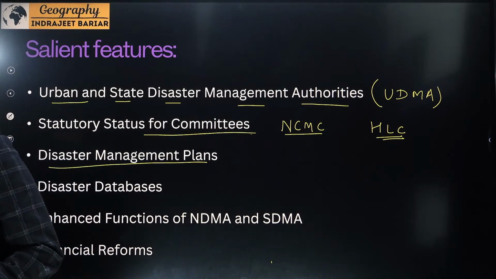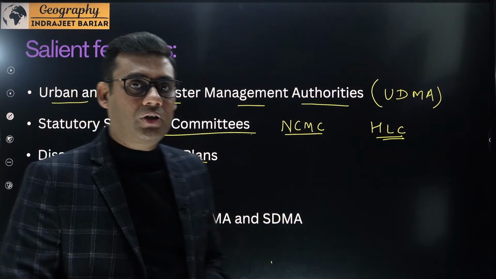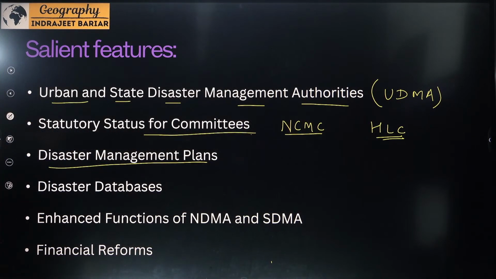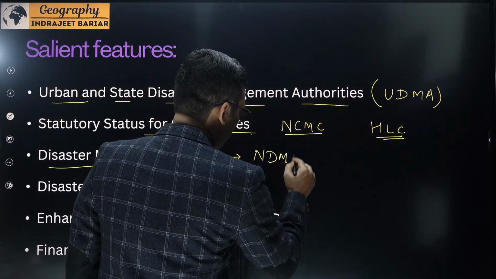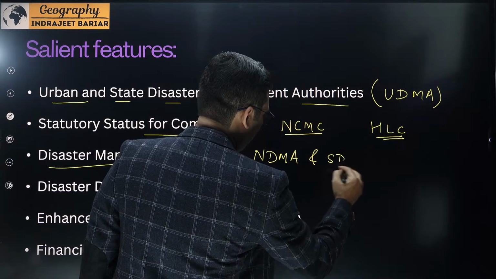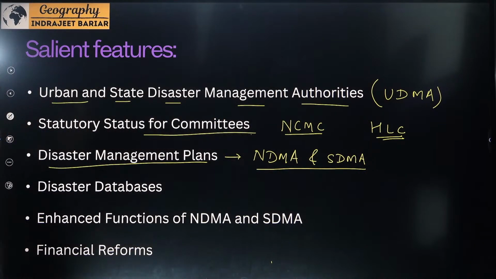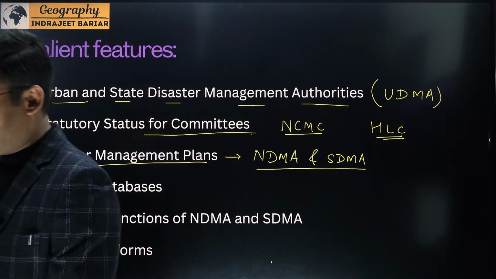There was a National Executive Committee and a State Executive Committee, and these were responsible for preparation of the plans. Now this responsibility has been delegated to the National Disaster Management Authority, NDMA, and SDMA. So now NDMA and SDMA would be involved in preparation of disaster management plans, which earlier was done by the executive committees.